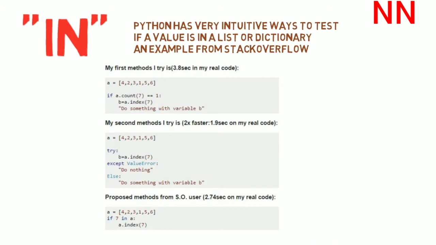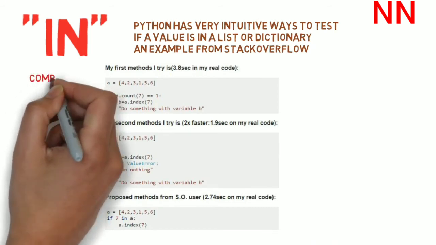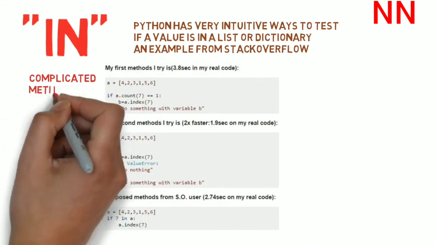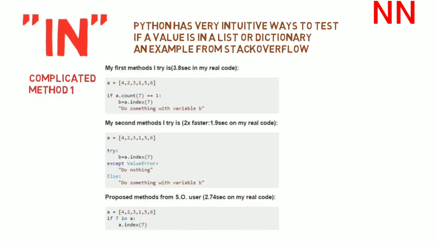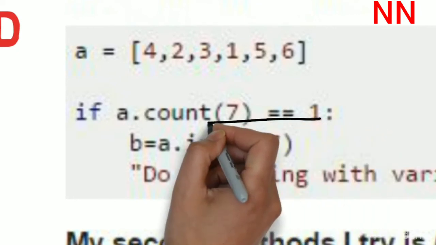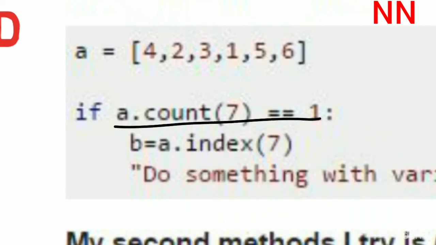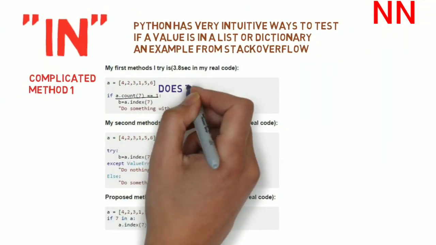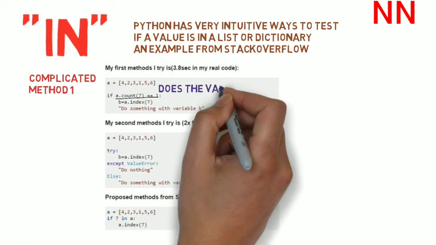So here is the first method that this person has tried to check if a value exists in a dictionary or not. It's a pretty complicated method.